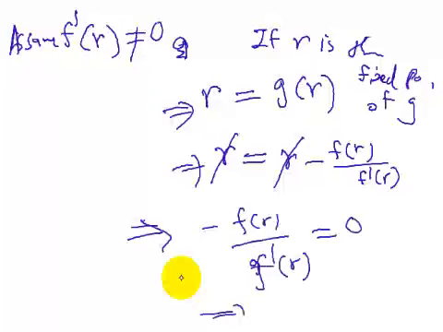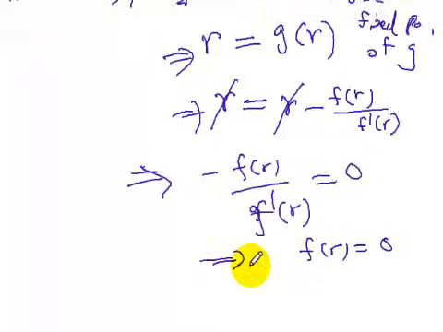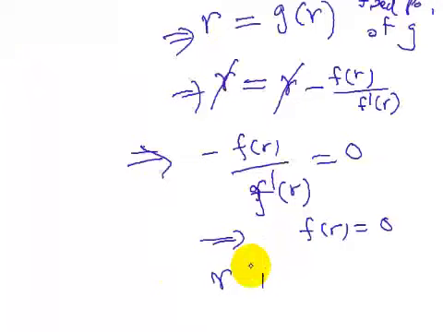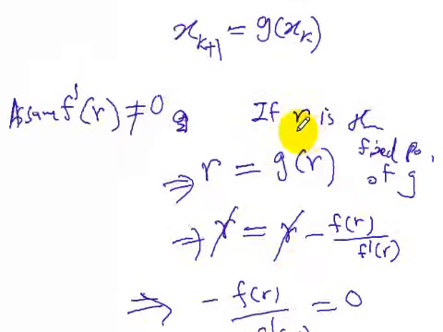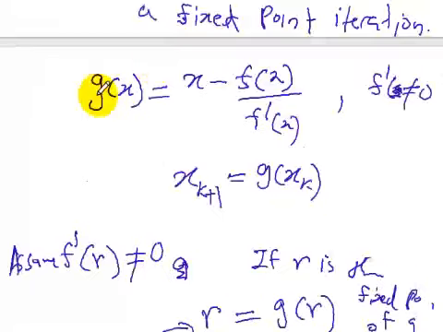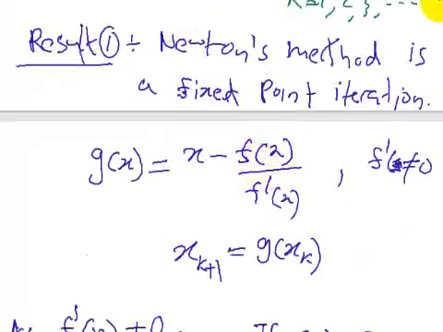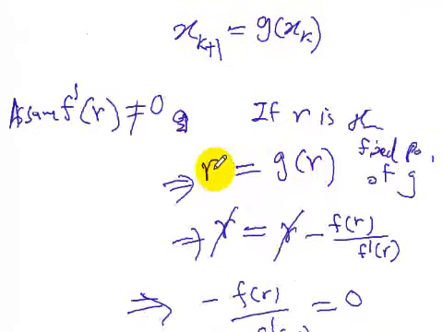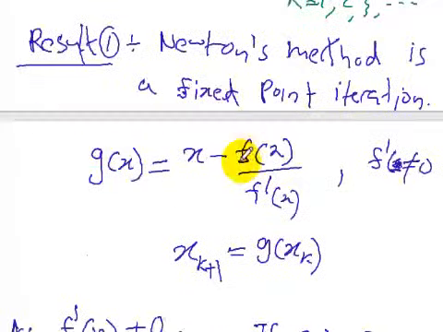This means f of r is equal to 0. That means r is a root of f. Therefore, the fixed point of g is a root of f, right?